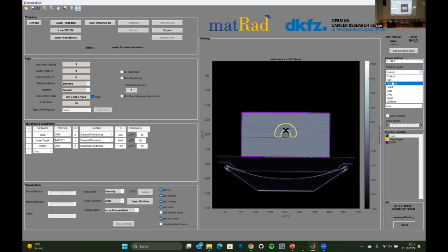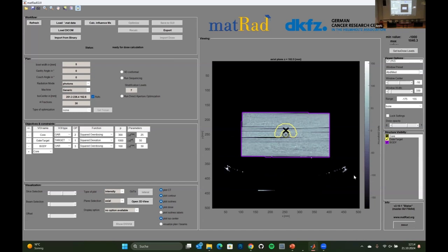So for example, you could go to a more soft tissue centric visualization window, then the table vanishes because it has too high values. And you see there's probably a little bit of scanning artifacts in the water.